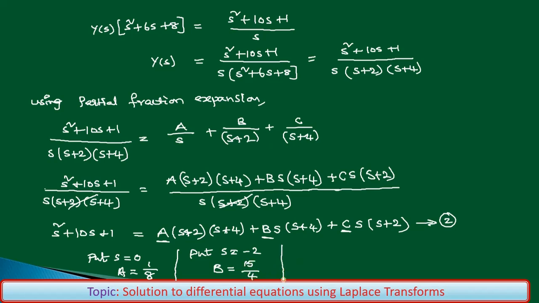Put s equal to minus 4, we will get the C value, minus 23 by 8.